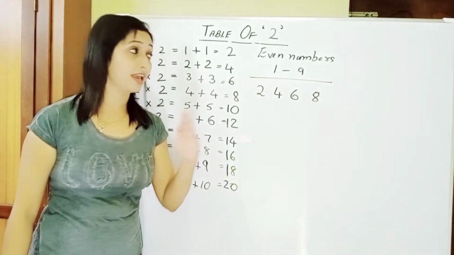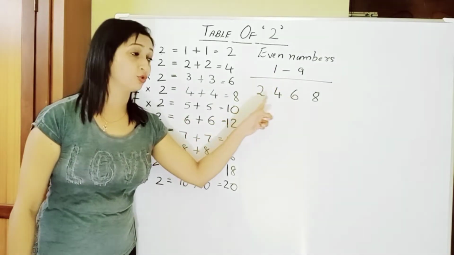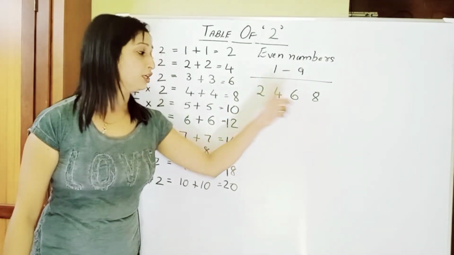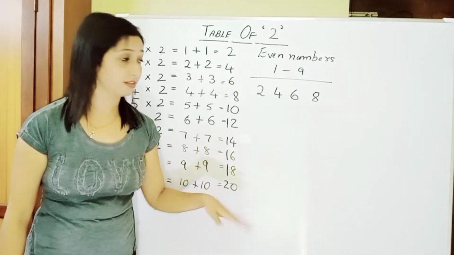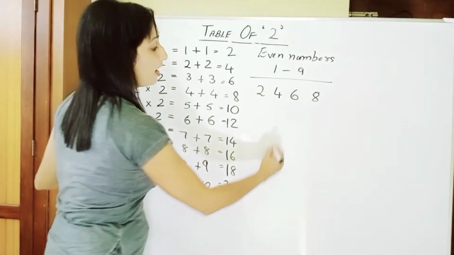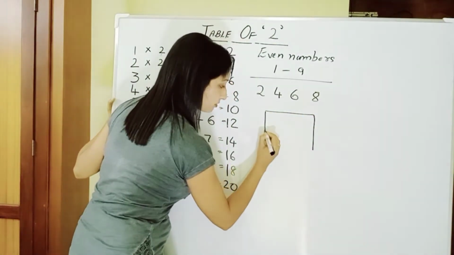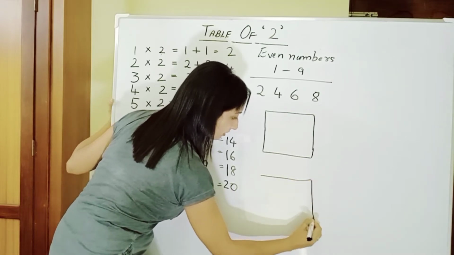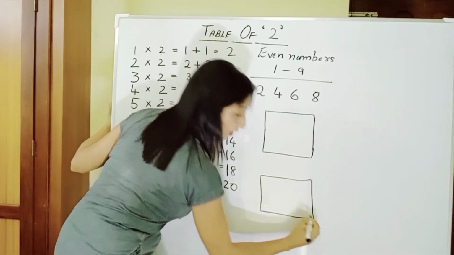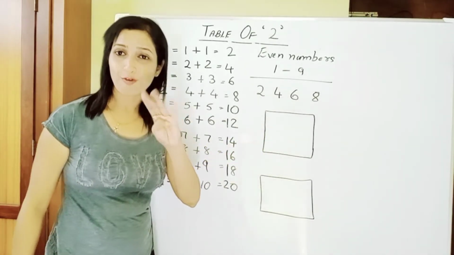For that, again, I use these even numbers from 1 to 9, which is 2, 4, 6, 8. More or less the method is the same as this, but let's see what the method is. For that, again, I draw 2 squares. I'm drawing 2 squares here, and I'm going to divide these squares into 4.